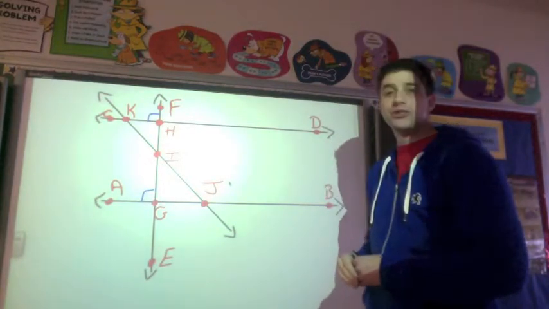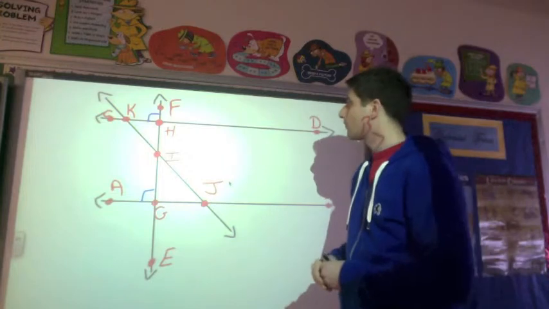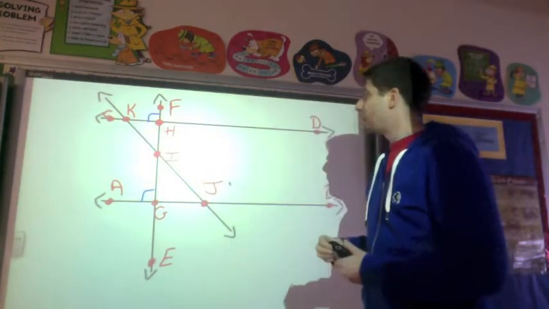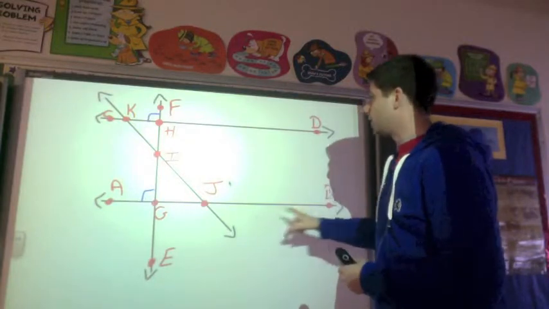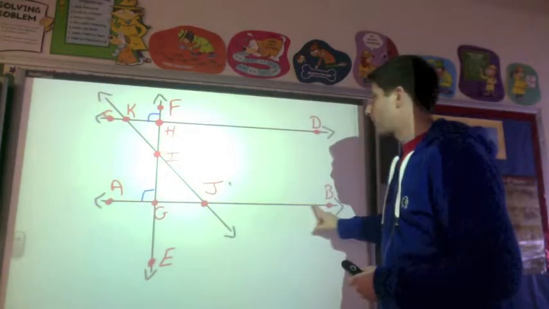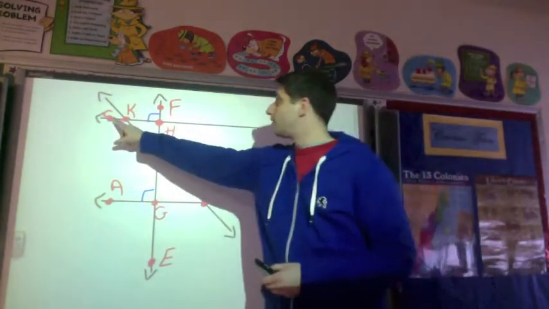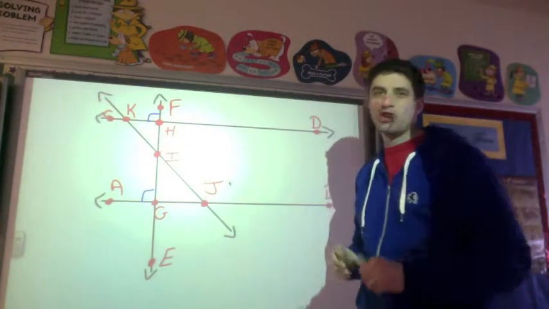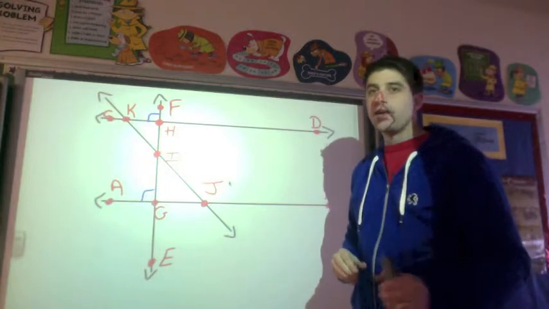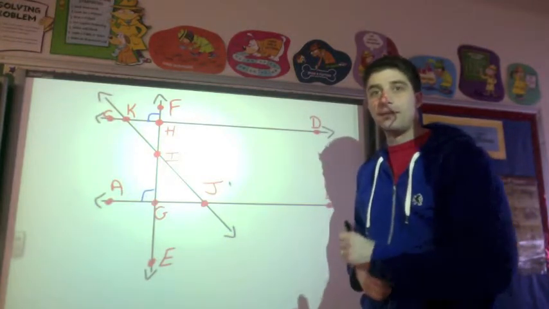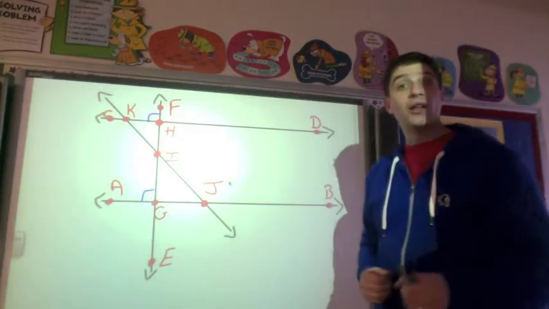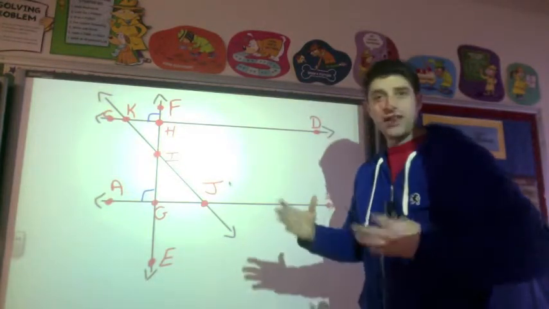We'll look for intersecting lines next. I can look at line JK, and I can tell you that it's intersecting with lines AB or lines CD. I'm going to throw a curveball your way now. What if I ask you to identify a ray for me? I'll show you one example of a ray, because there are many.